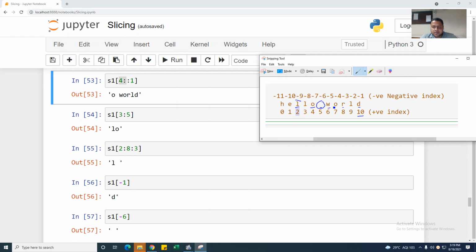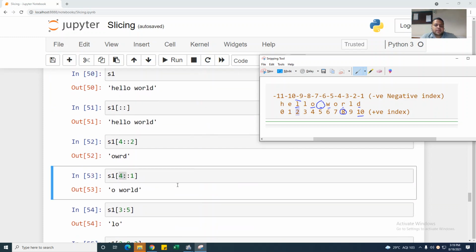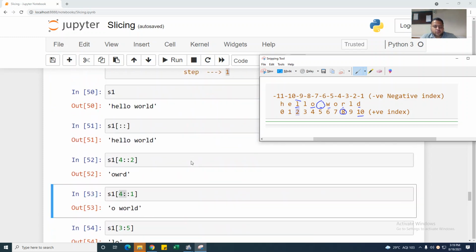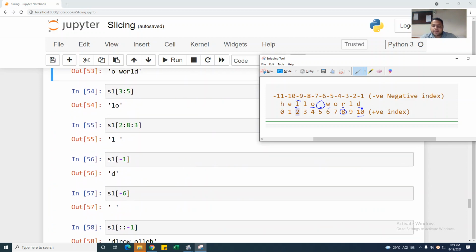So it doesn't take R because the endpoint is 8. I'm taking s1 of minus 1. At minus 1 it is D, so it will print D. I'm taking s1 of minus 6, so at minus 6 is the space, it will give you this space.